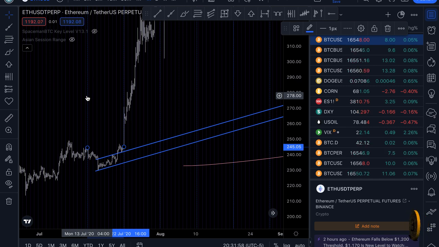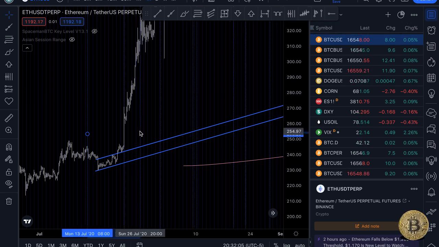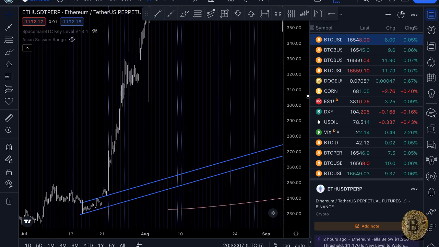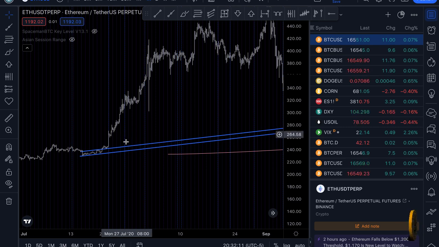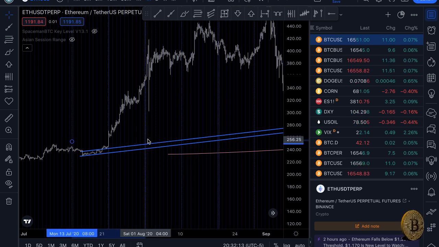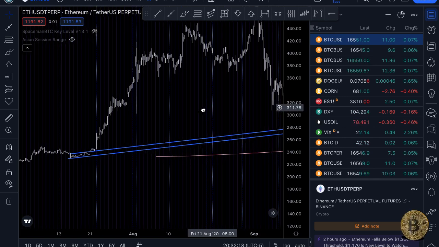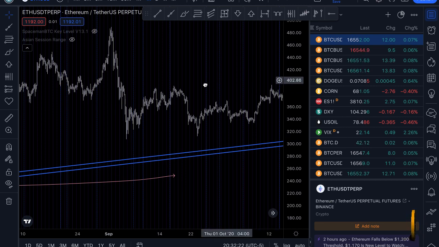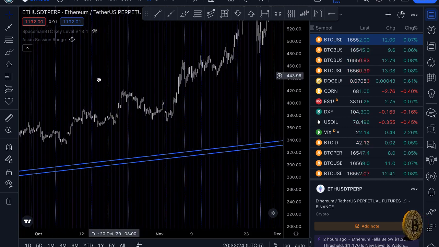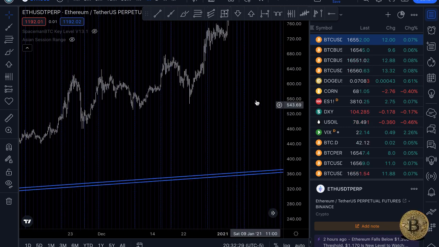If we do another one and stretch it out the whole amount, that might be helpful. Stretch it to the top here. Okay, and you'll see coming out of this, eventually we traded to a new all-time high.